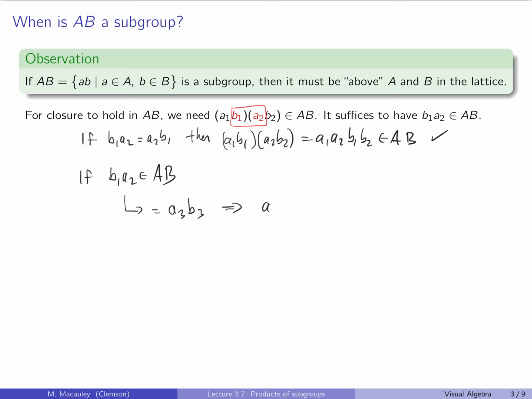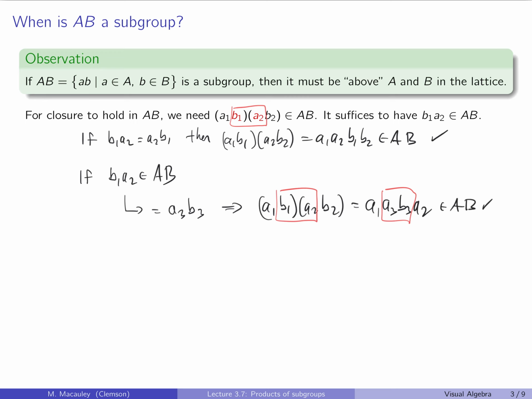And then A1B1 times A2B2 equals A1A3B3B2. We're just swapping these two elements like that. And now we are living in AB, and we get the same conclusion.